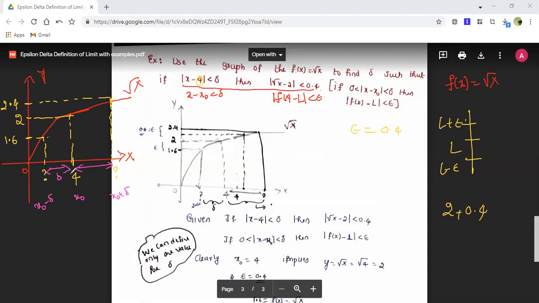So now here also this is delta and this is also delta. Then which particular delta are we supposed to find out? That may be the question, right? So if you observe here, this distance is as good as this distance.